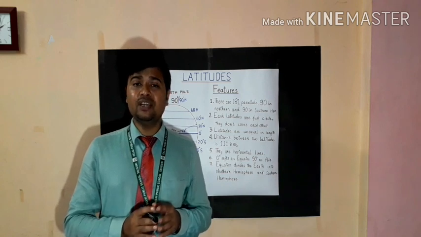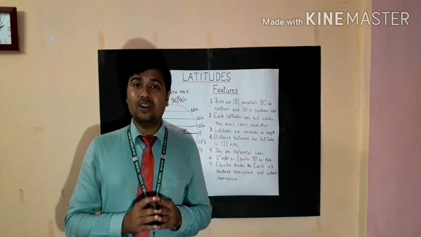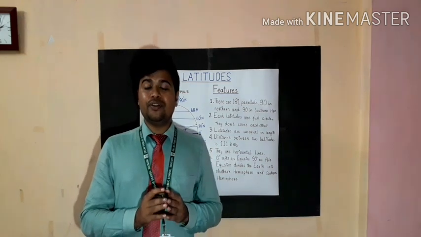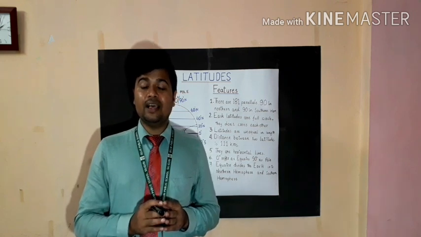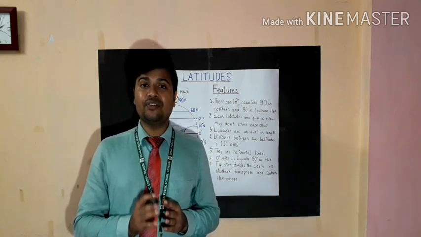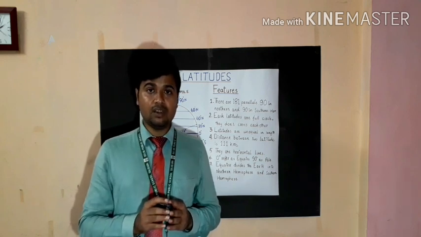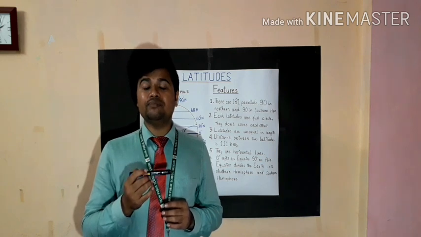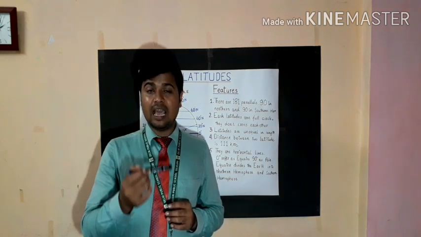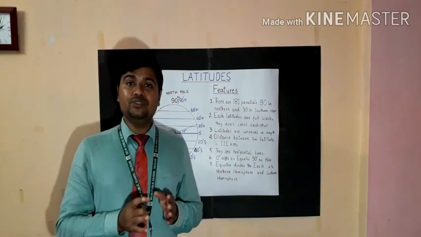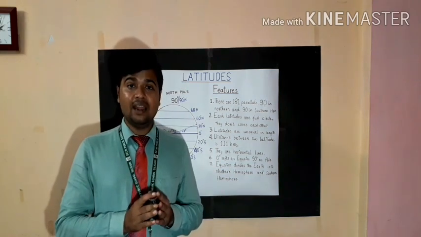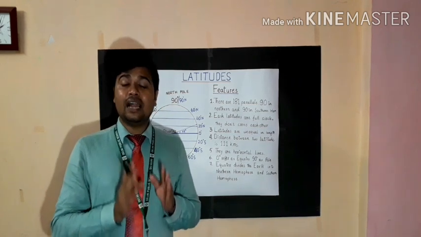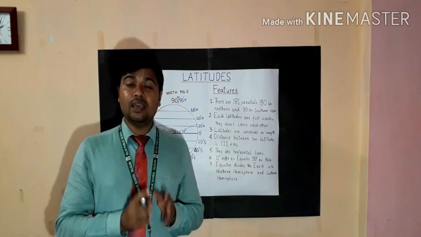The distance between two latitudes is 111 kilometers. 0 degree latitude refers to the equator, whereas 90 degree latitude refers to the pole. Next, the equator divides the earth into two hemispheres, northern hemisphere and southern hemisphere. Latitudes are full circles and they do not cross each other, and latitudes are unequal in length.